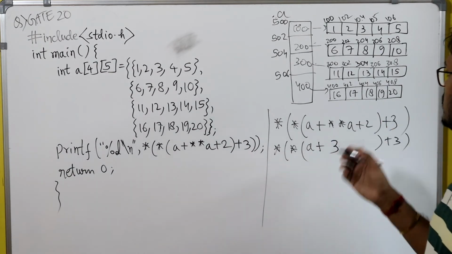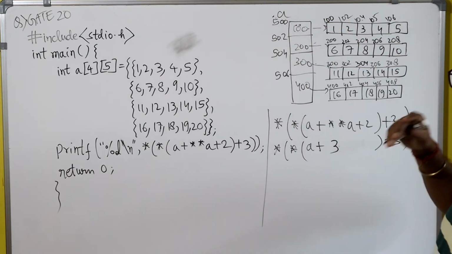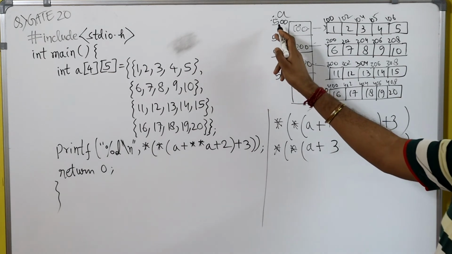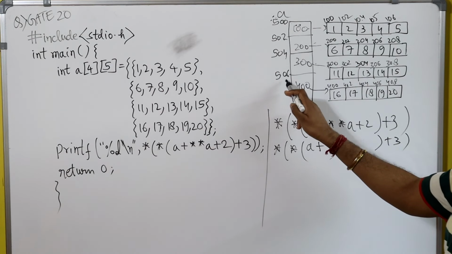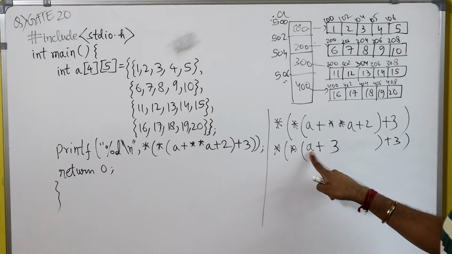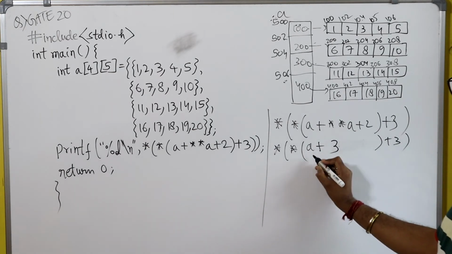So what is A plus 3? You see, it is A, then A plus 1 is this, then A plus 2 is this, A plus 3 is this. So A plus 3 means what? The value of A is 500. So in place of A, just write 500.